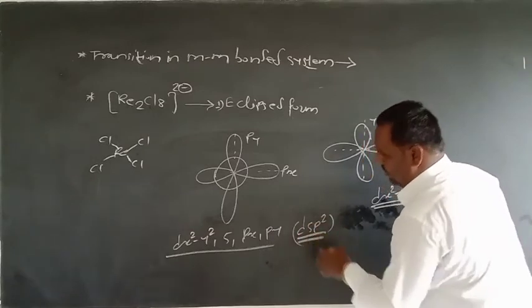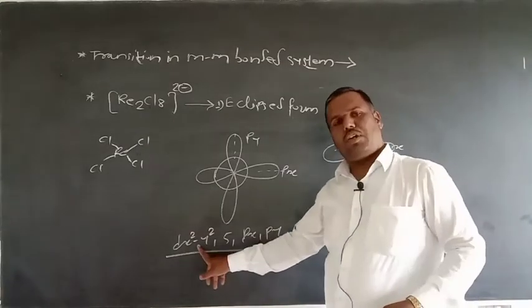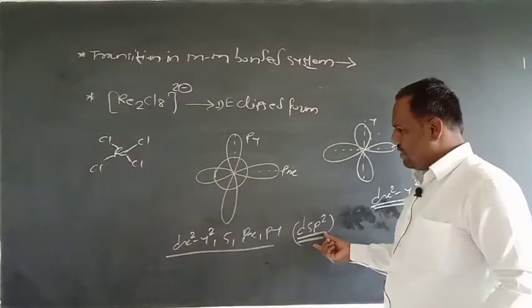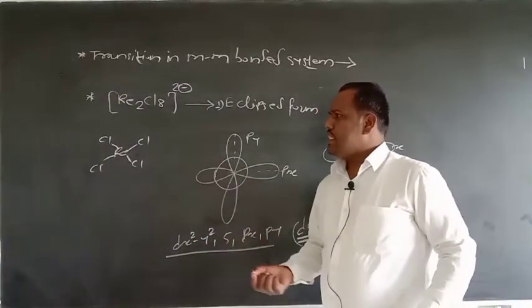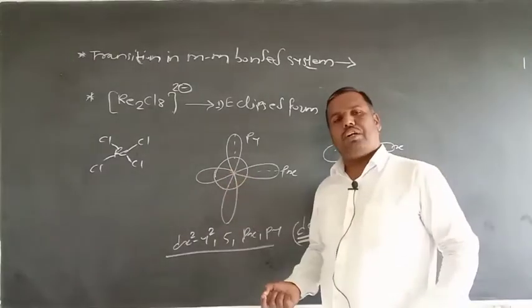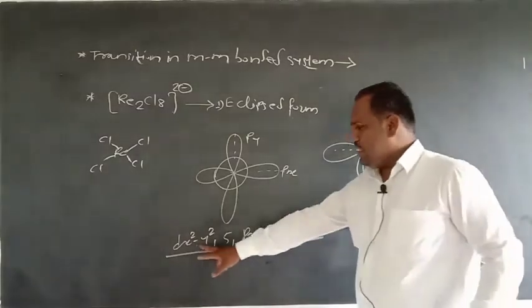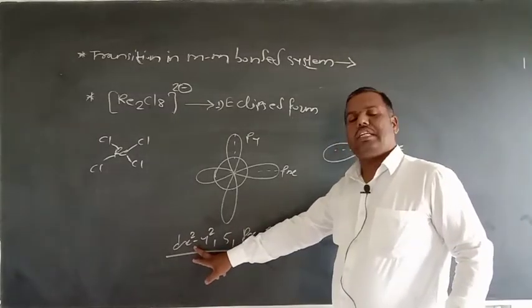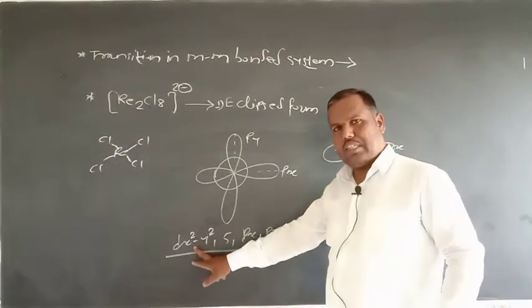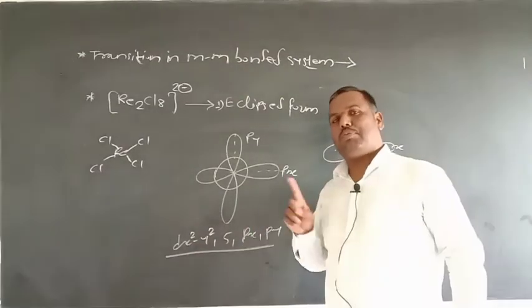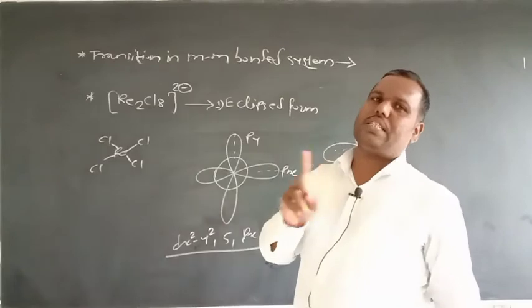The dx square minus y square orbital is involved in bonding with the ligand attached to the metal atom, so this ReCl4 has dsp2 hybridization and a square planar structure. Therefore this orbital is not involved in metal-metal bonding, and only one delta bond is formed by the overlapping of dxy orbitals.